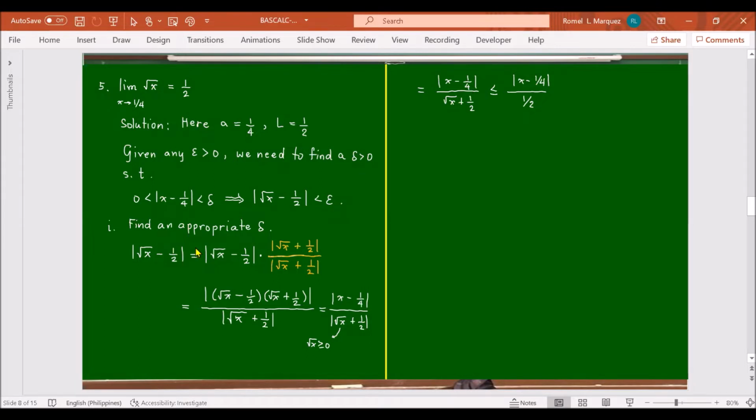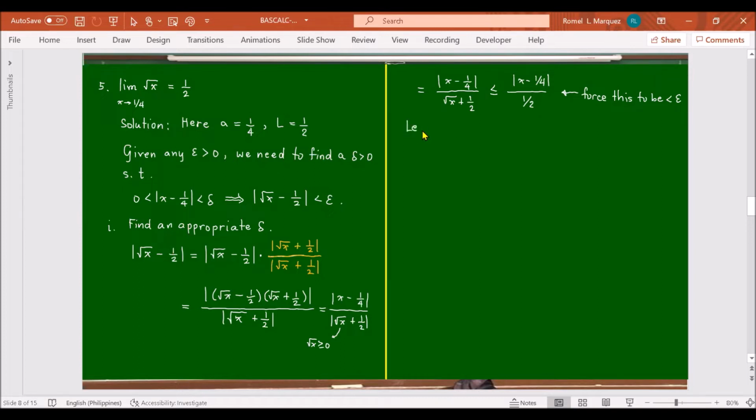Now, since I want this to be less than epsilon, let's force this right side to be less than epsilon. Because if this is less than epsilon, and we know that this is greater than this, so it means this is less than epsilon, and it follows that this is also less than epsilon because this is equal to this.